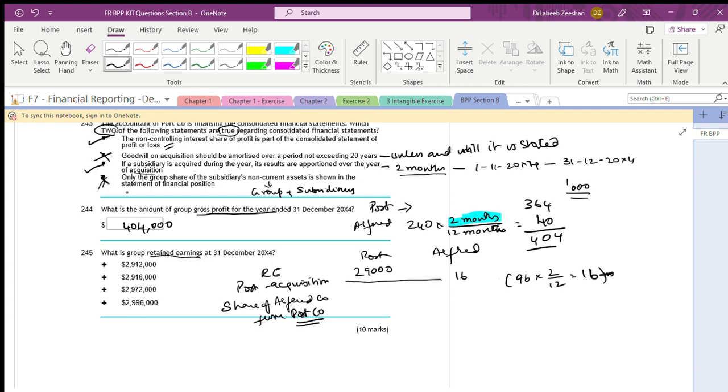They have 75%. So 16 into 0.75 comes to 12. Added to 2,900, the total is 2,912 in thousands.